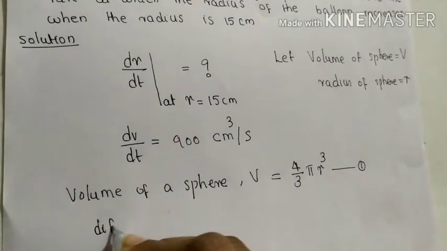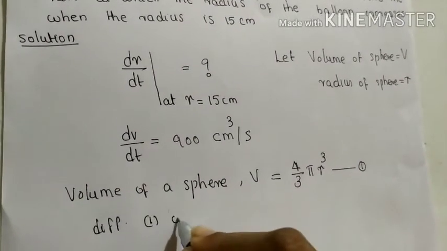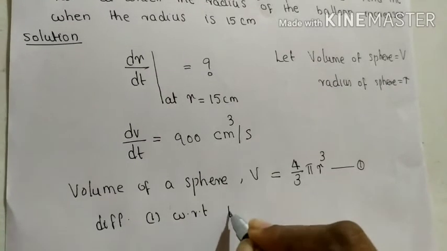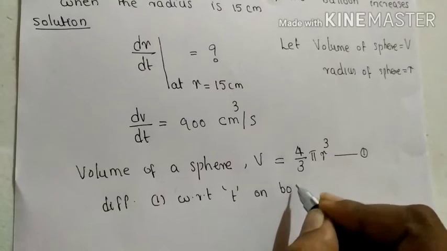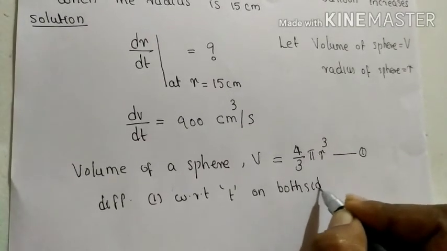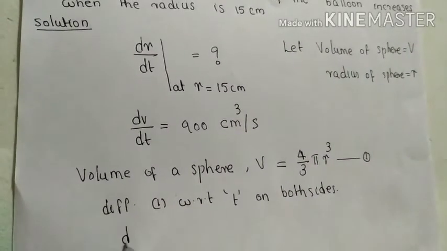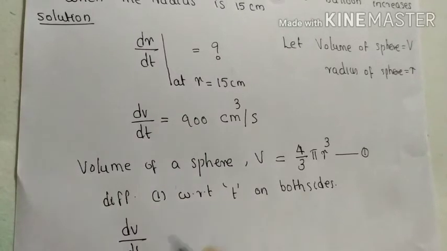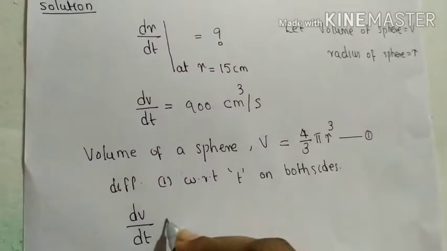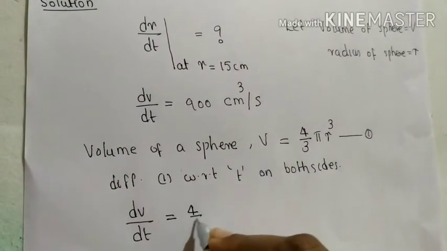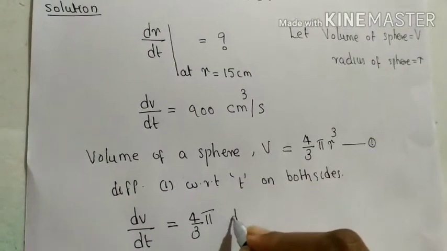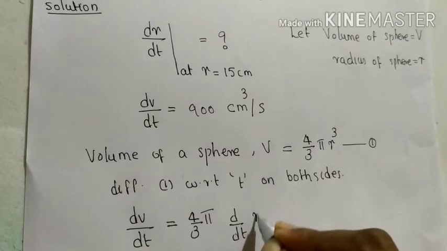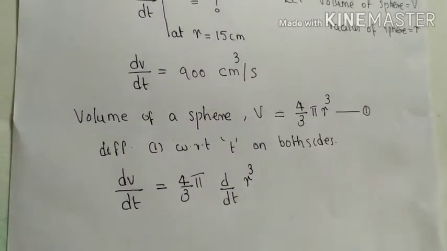I am going to differentiate equation number 1 with respect to time t on both sides. We get dV by dt on LHS equal to 4 by 3 pi, which is a constant, and next we need to find the derivative of r cube.